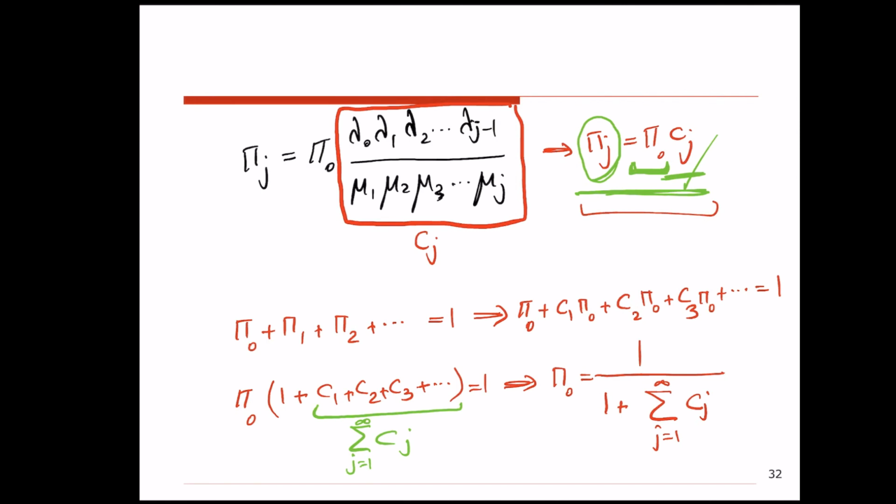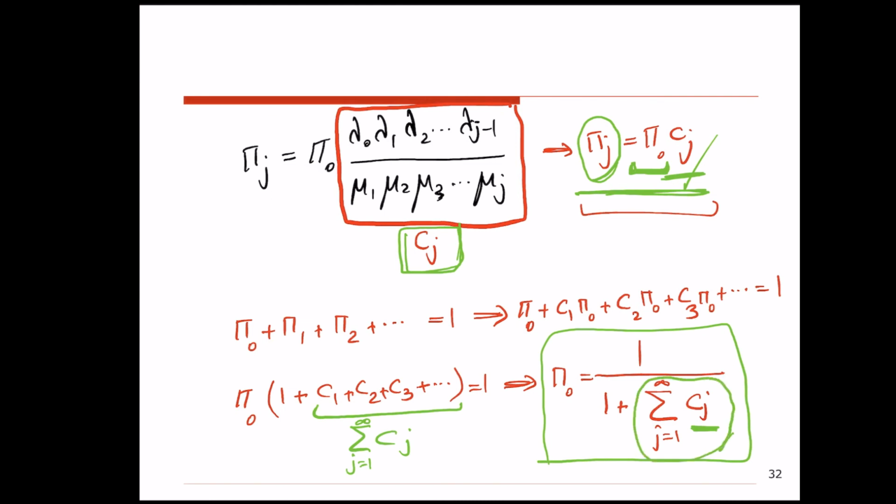And again, remember that the values of Cj are known because they are based on the lambdas and mu's that we know. So basically in this formula, everything is known. As long as this infinite sum of Cj's, from C1 all the way to C infinity, returns a finite value, pi 0 exists.